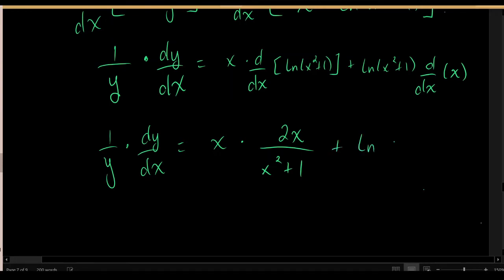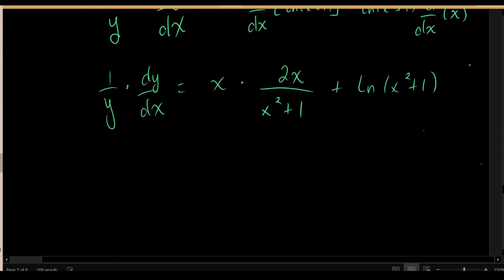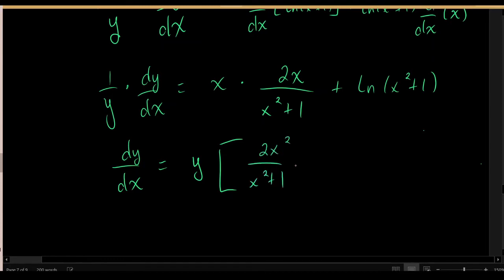Meanwhile, we have natural log of x squared plus 1 times the derivative of x, which is just 1. So dy dx, the slope of the tangent line, would be equal to y times this entire expression on the right-hand side. 2x squared divided by x squared plus 1 plus the natural log of x squared plus 1.